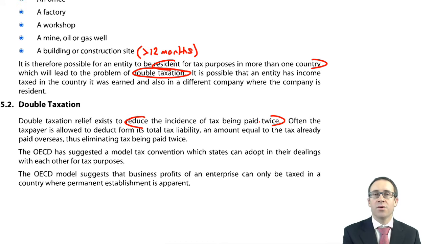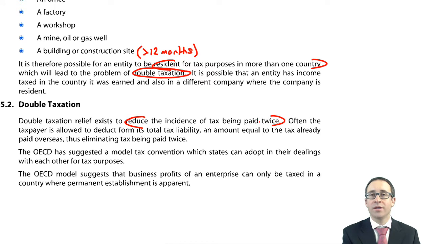So you may pay tax in the UK at 20%, you may pay tax in Switzerland, say, at 30%. You will get relief for the fact you've paid 20% already in the UK and just pay an additional 10% within Switzerland. So that you're not taxed 20 and 30 on your overall profits, and that's quite a big tax burden, isn't it?